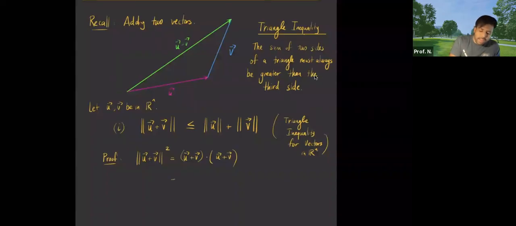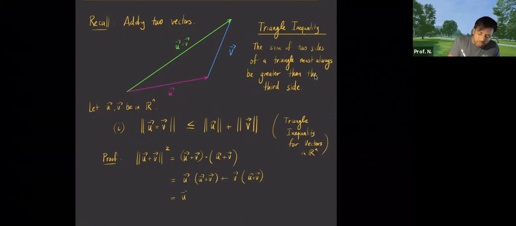By the properties of the dot product, what can I figure out? How do I dot product the sum of two vectors? Well, I can apply the distributive property and I get u dot product with u plus v, plus v dot product with u plus v. And I can do this again, right?